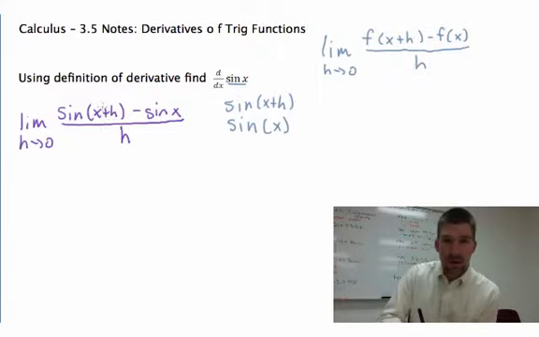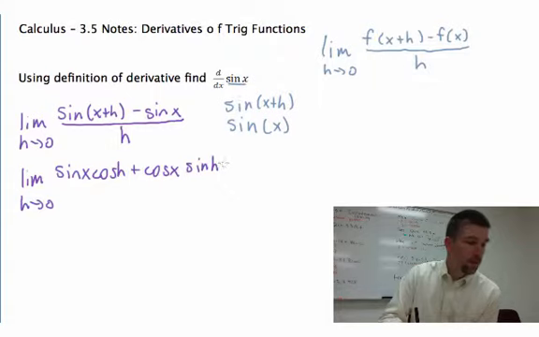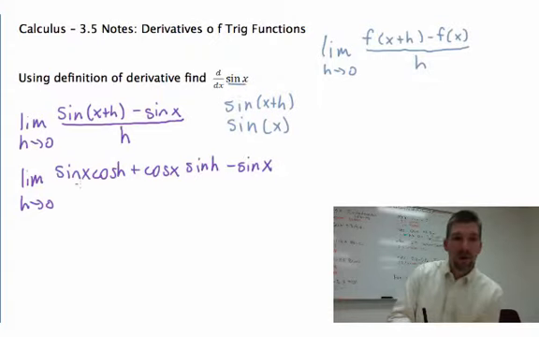So you might remember a trig function, sine of an angle plus an angle, the sum and difference stuff. And so we can rewrite the sine of x plus h as sine x cosine h plus cosine x sine h. And then we're going to finish that off with a minus sine x. All this is over h.